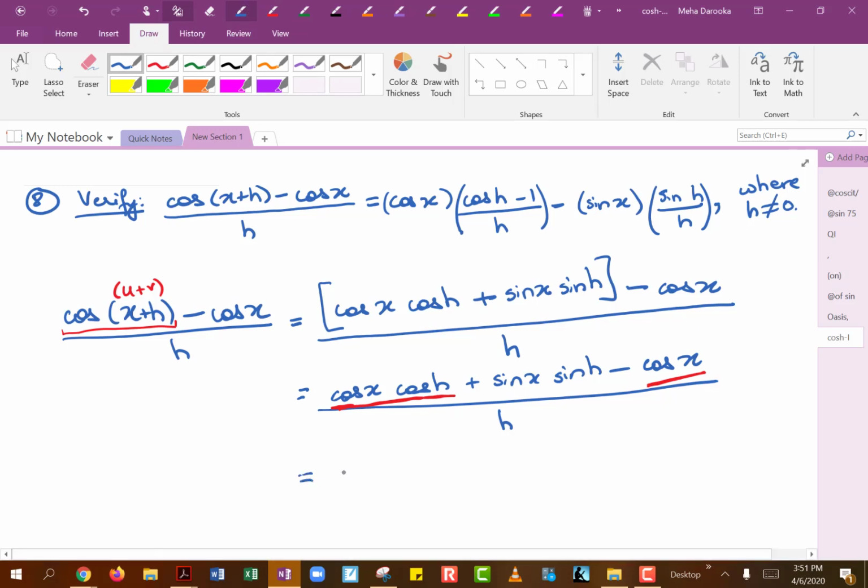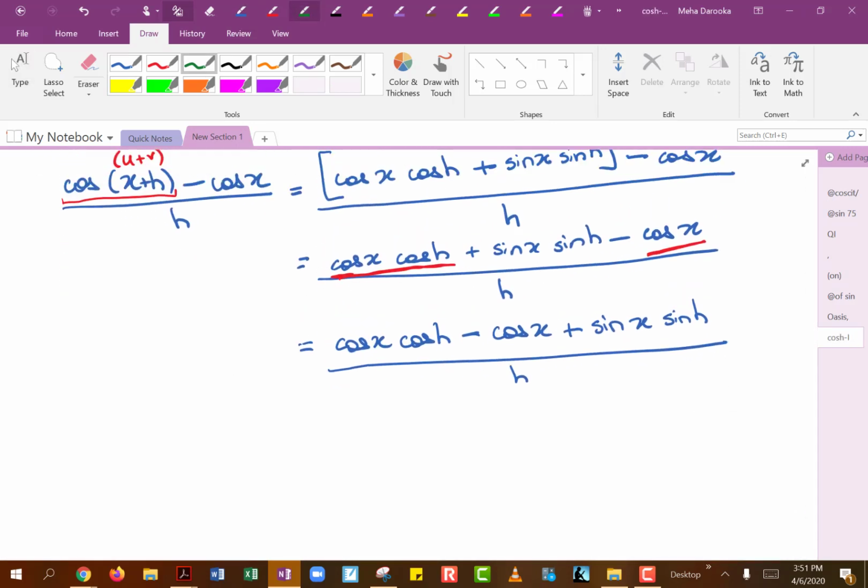So now you can write this as cosine of x, cosine of h, minus cosine of x. And then I'm going to take our sine x, sine h term and put it at the end. And we're still dividing the entire thing by h.